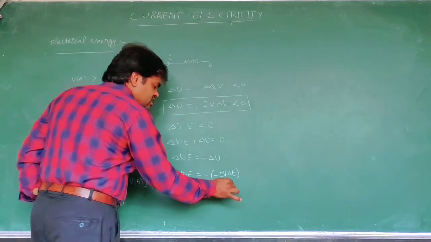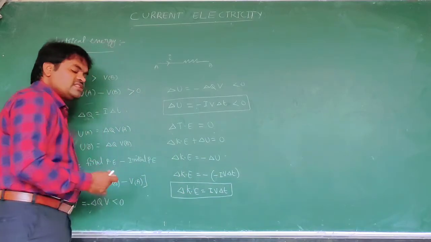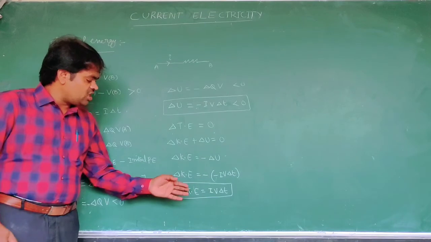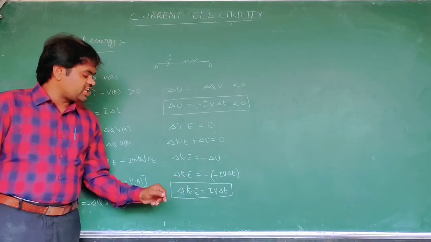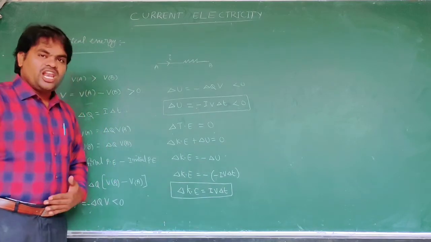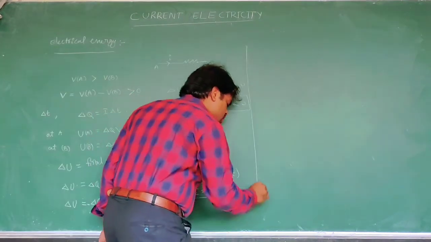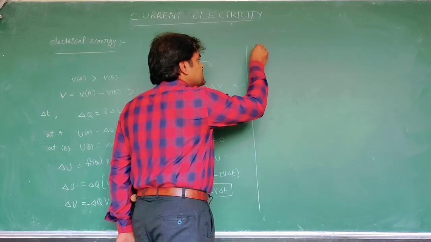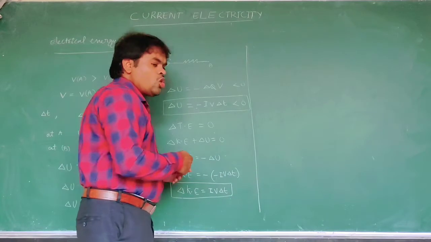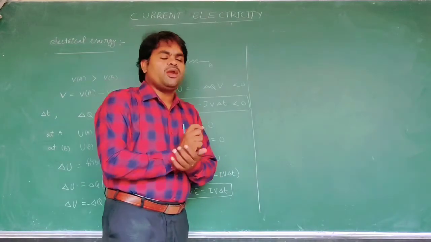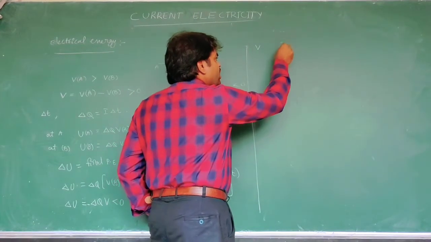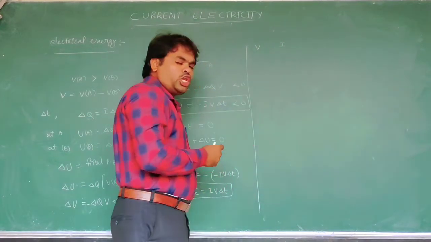This kinetic energy is called electrical energy. That means the kinetic energy of the charged particles in a conductor is called electrical energy. This electrical energy is the work done by the source of EMF V in maintaining electric current I in a given conductor.